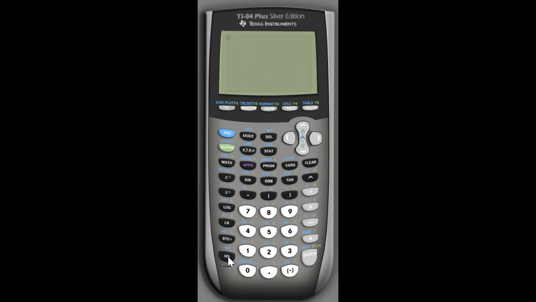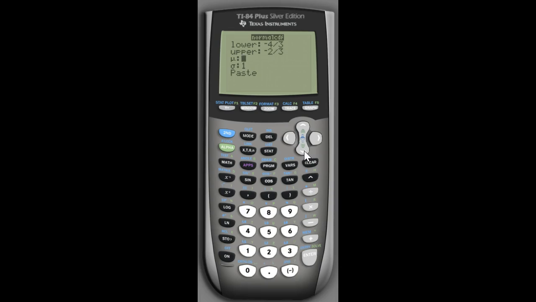Okay, so I want the percentage of the standard normal curve that is between negative 4/3 and negative 2/3. Just like in the last set of notes, I go second vars, and I bring up the normal CDF. I want to go between negative 4/3 and negative 2/3.